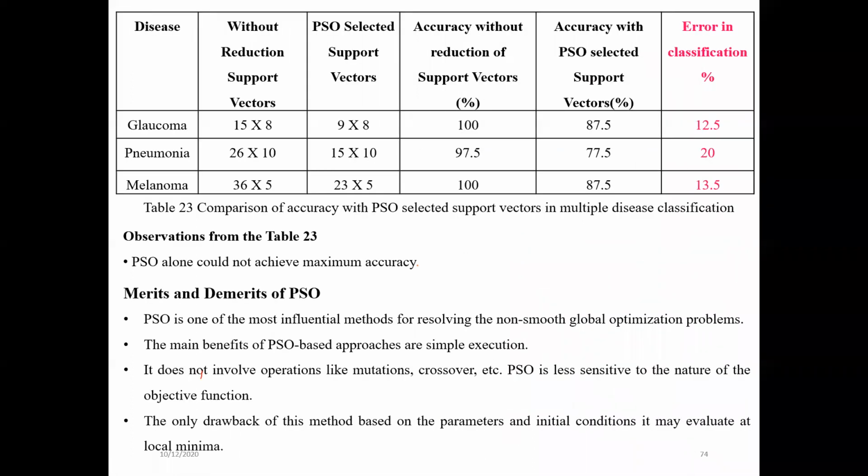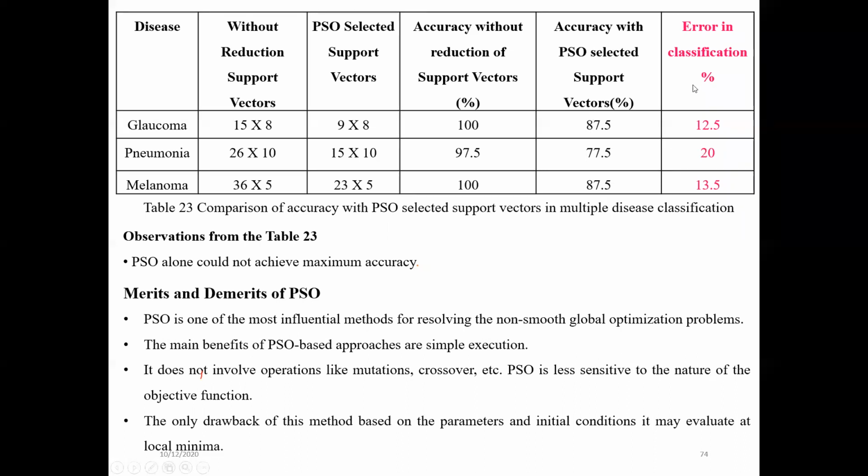And using this method again, we have done the classification with reduction of the support vectors. Accuracy without reduction of the support vectors is 100, 97.5 and 100. Then accuracy with PSO selected support vectors: as there is a reduction in the number of support vectors, you observe that there is a reduction in the accuracy.